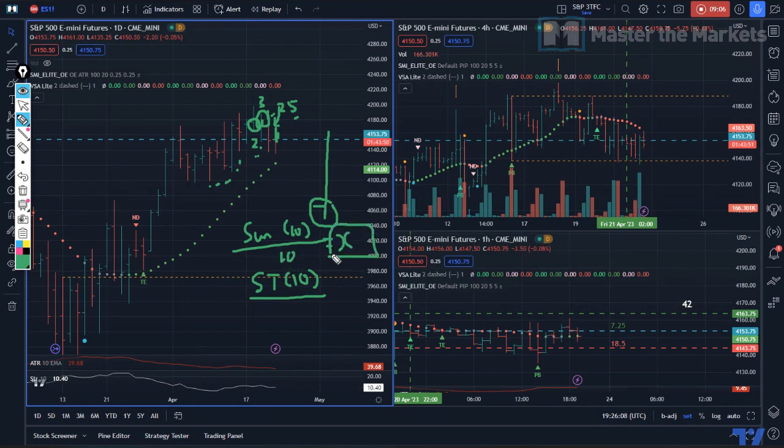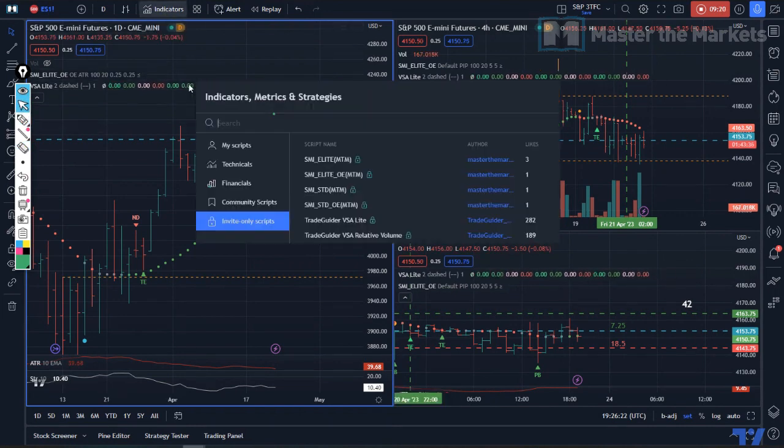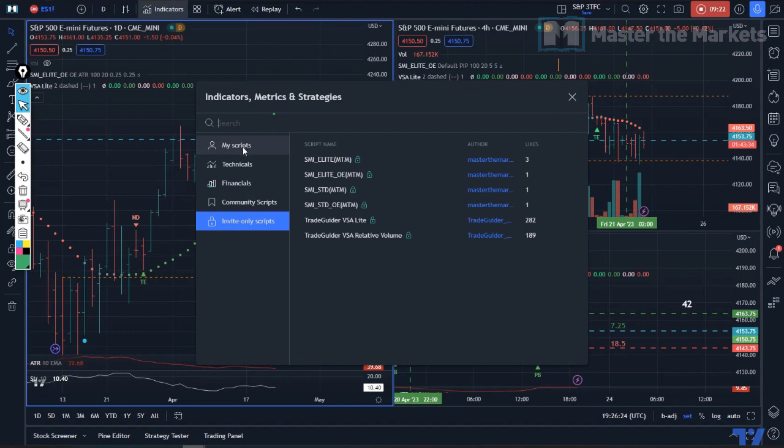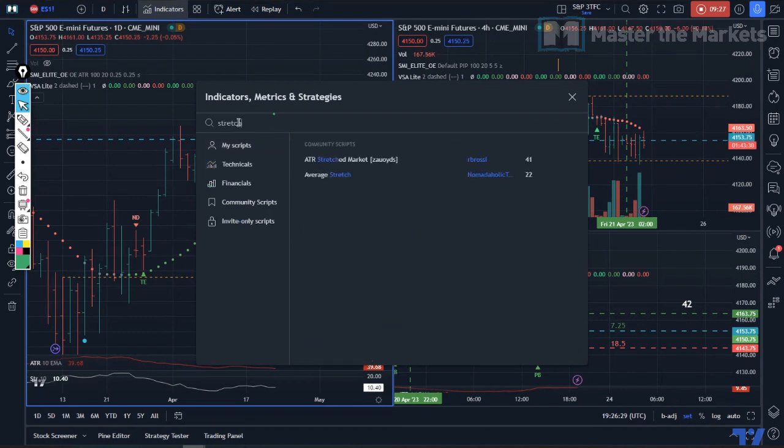The good thing is we don't need to keep doing that. We can put an indicator on there. You can find it on TradingView. It's called the average stretch. If you go to the indicators, type in technicals and then stretch, and you can find the average stretch there.